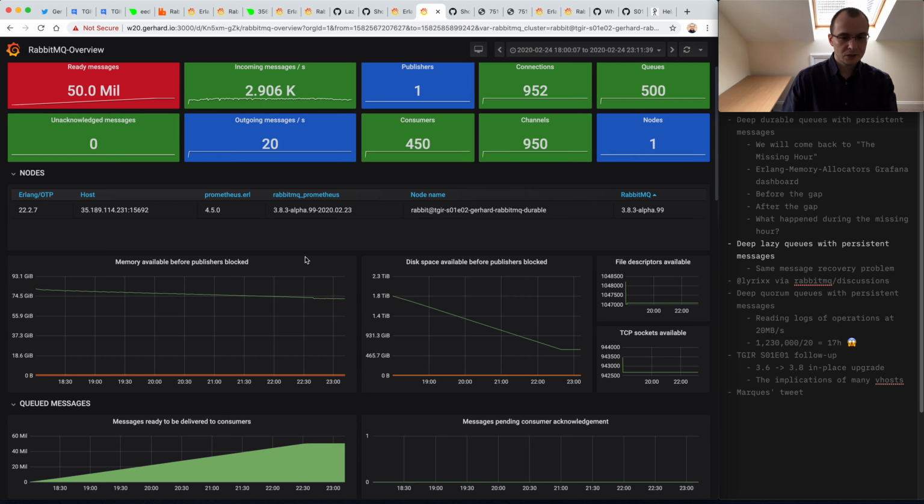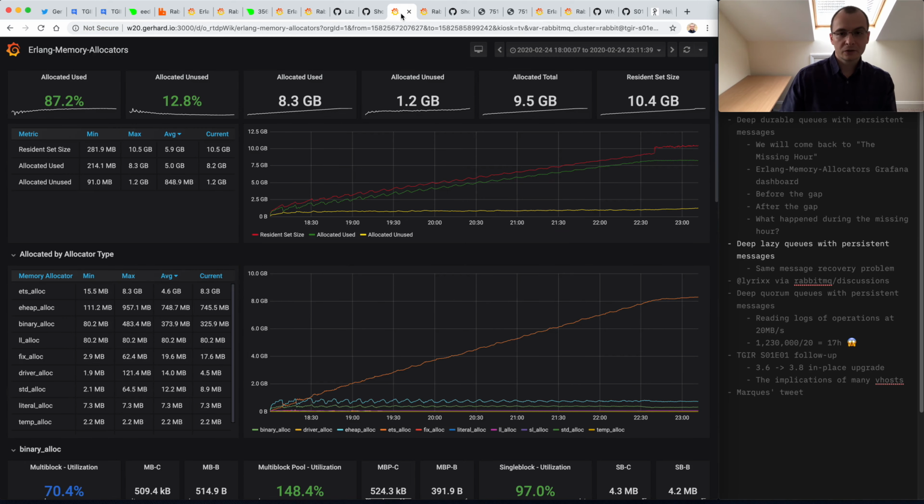Really nice memory usage. The messages ready to be delivered to consumers go up, and this space available goes nicely down, and so we have the same workload, but the memory usage is much nicer. Let's take a look from an Erlang memory allocators perspective at what that looks like.